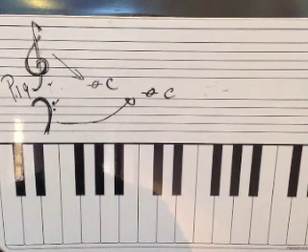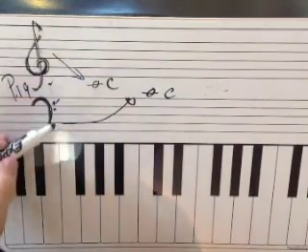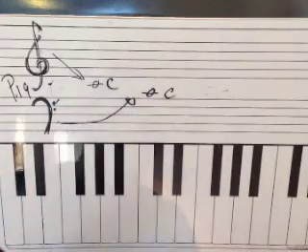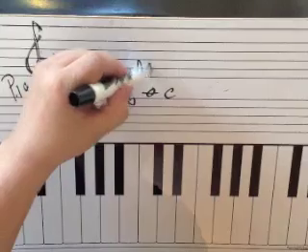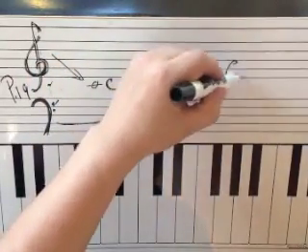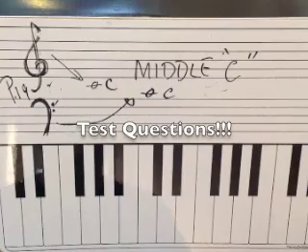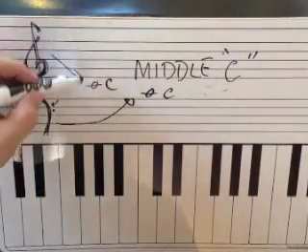So it can be notated in the treble clef right there, one ledger line below, or in the bass clef, one ledger line above, C. It's called middle C because it intersects between the two staves, but it's also the C closest to the middle of the piano, okay?